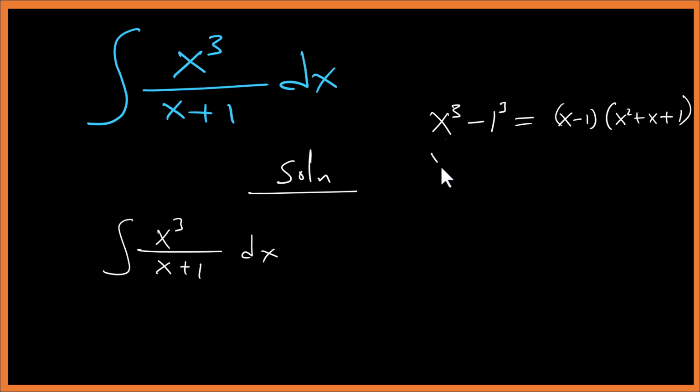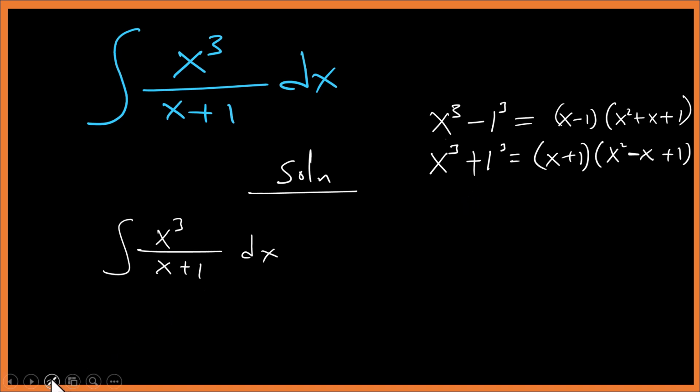If this side is plus, that will be x cubed plus 1 cubed, so if this side is plus, that will be x plus 1, and we have x squared minus the product x, plus 1 squared. We call it the difference of cubes.